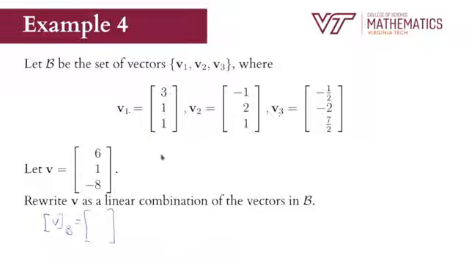All right. So we're going to have 3 coordinates to find. So we're going to do the dot product of v with v1 over v1 dot with itself.